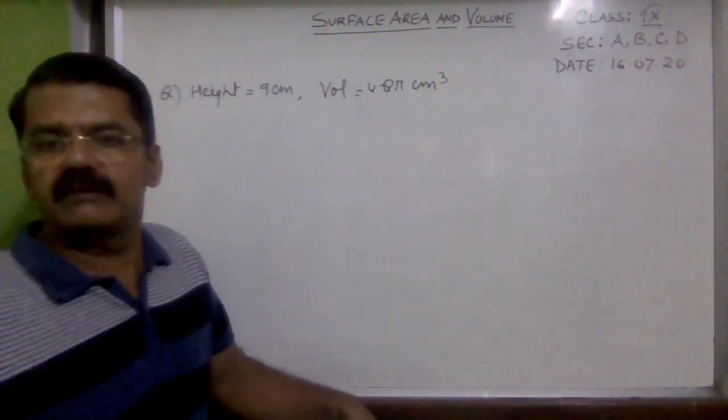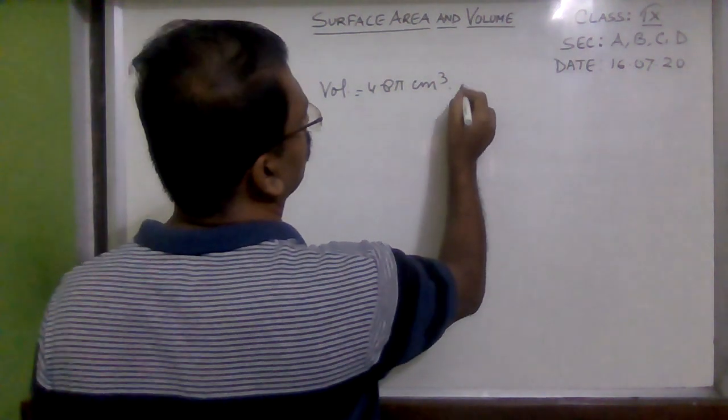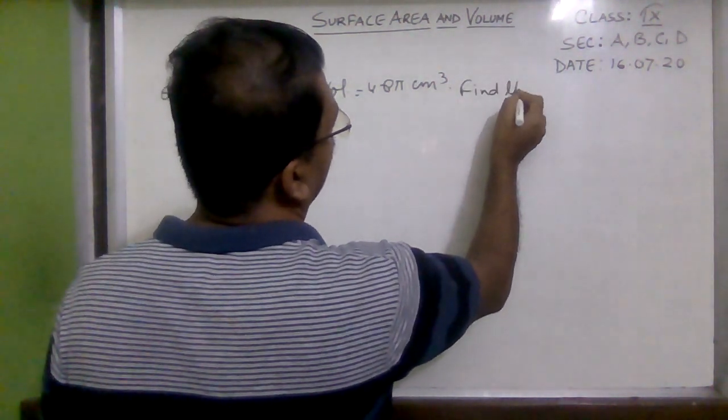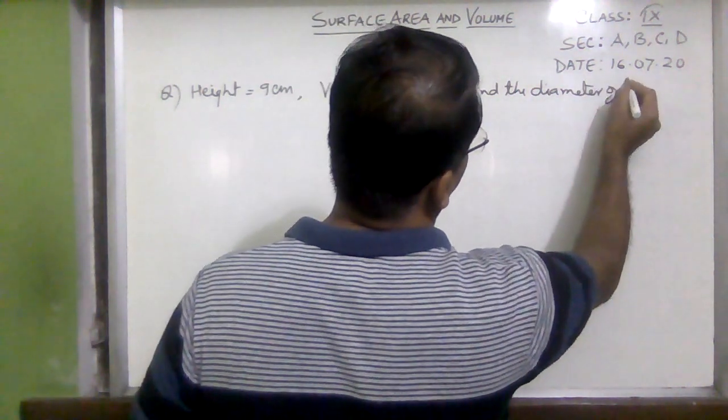See, the volume is given 48 pi centimeter cube. Find the diameter of the base.